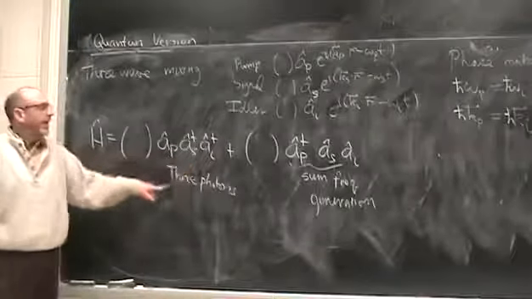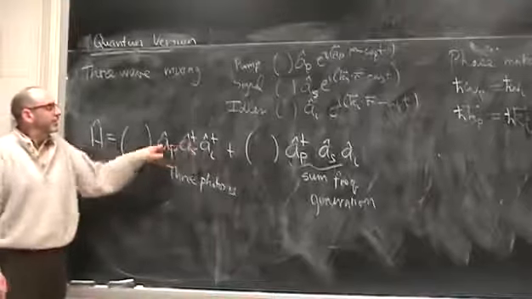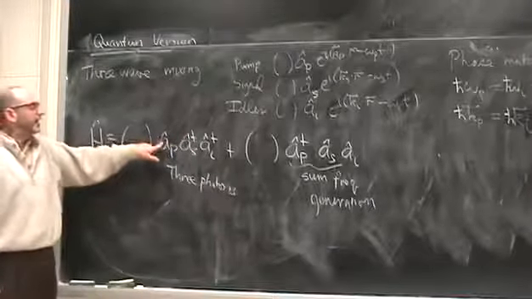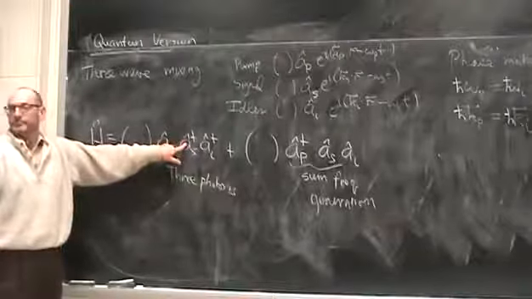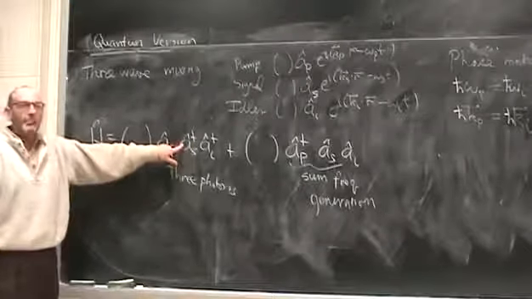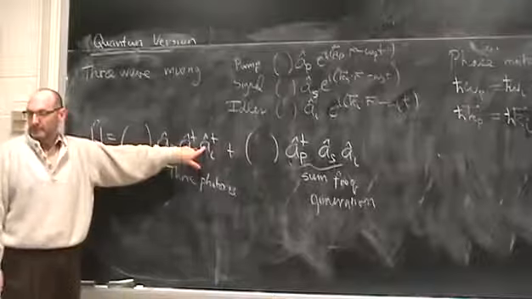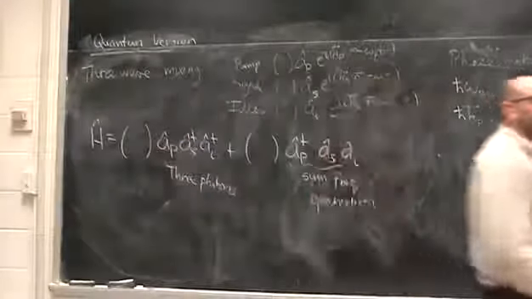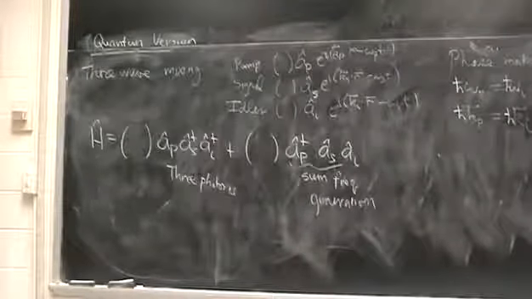And of course, if I put this field in and that field in, then what I'll do is annihilate this, amplify that, but in the process of amplification, I also create the idler. So all of those processes are seen in this kind of Hamiltonian.